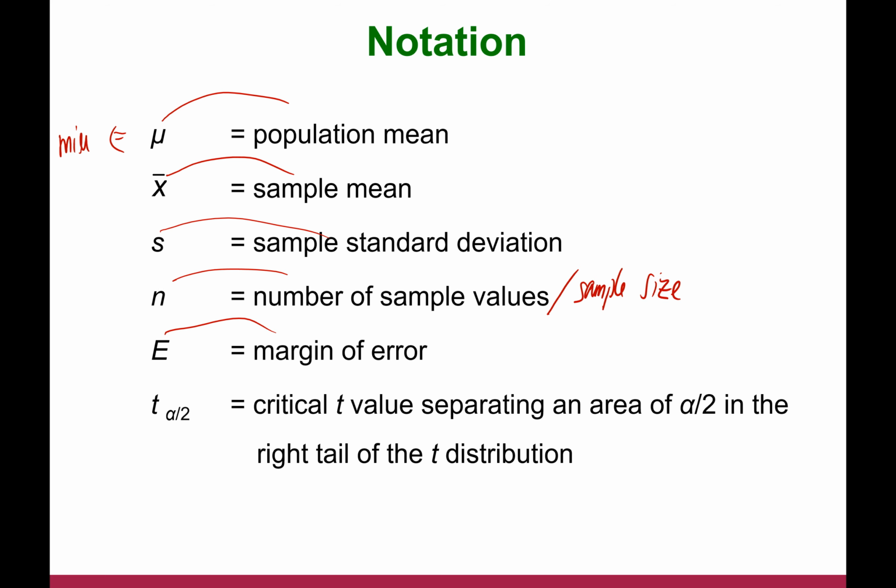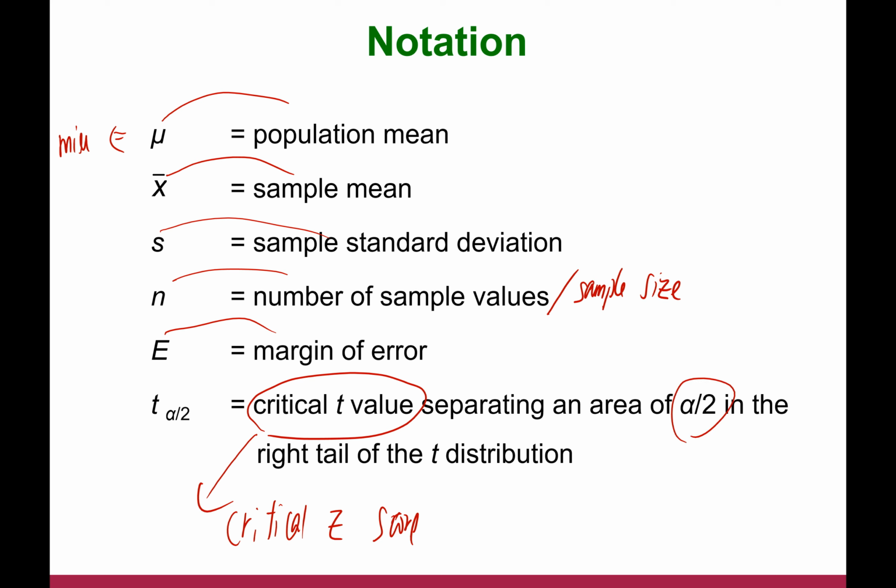T alpha over 2 is the critical t value, just like a critical z score, a very similar concept, separating the area of alpha over 2 in the right tail of the t distribution. So again, a similar bell curve, with alpha over 2 on the left tail, and t alpha over 2 is located on the right tail. Okay.